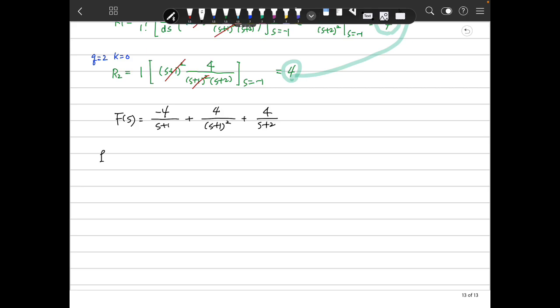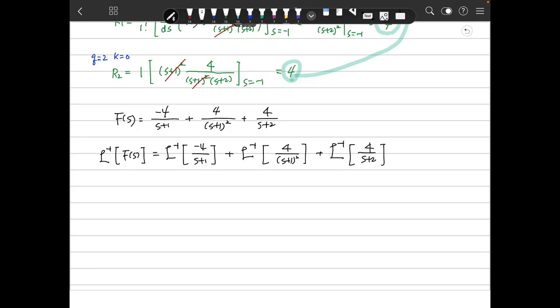Then what should we do? We have to do the inverse Laplace: the inverse Laplace of minus 4 over (s plus 1), plus the inverse Laplace of 4 over (s plus 1) squared, and plus the inverse Laplace of 4 over (s plus 2).